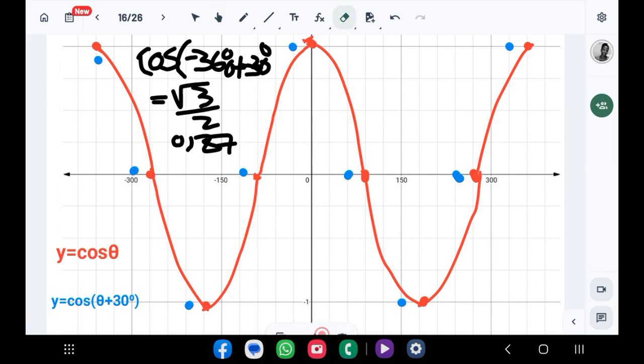Now we just remove the minus and make it positive. Let's see what we get.